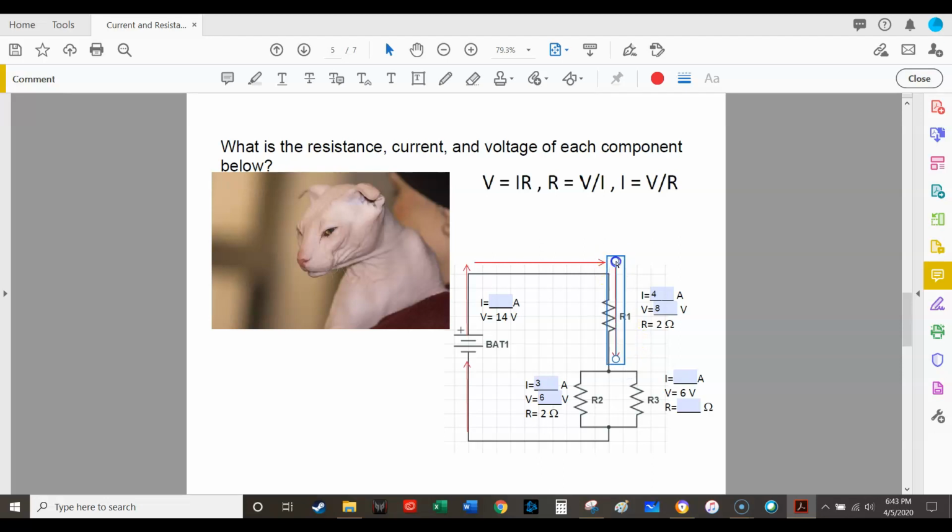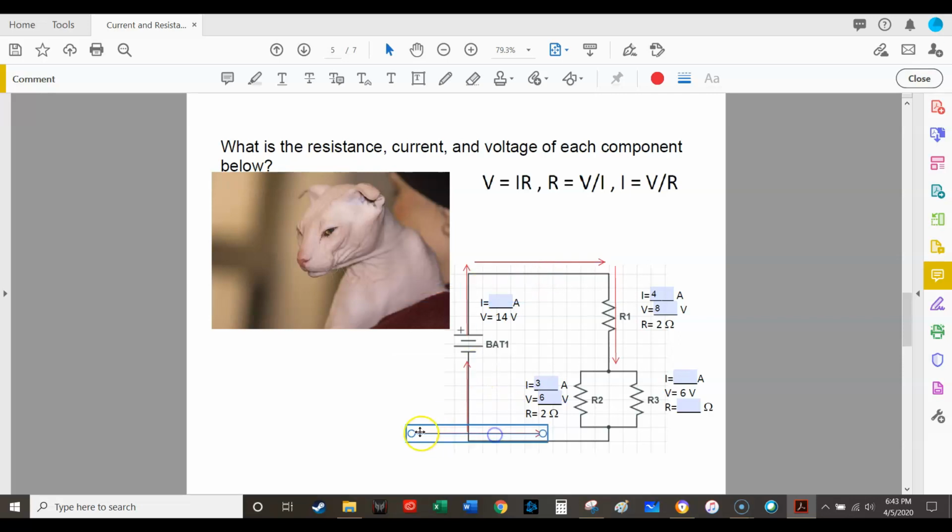We know 4 amps is going across R1. This came out of the battery along just one wire. So there's one wire leaving the battery, one wire going across, one wire going down.